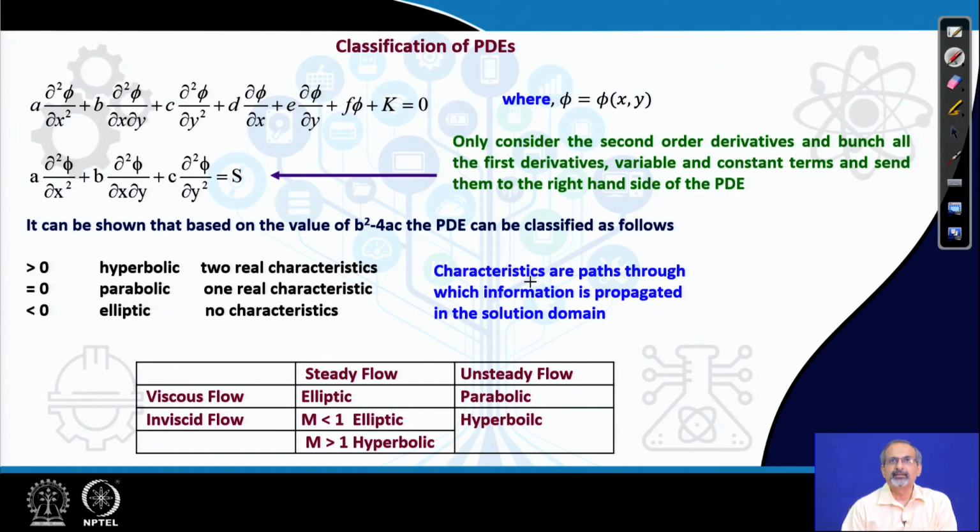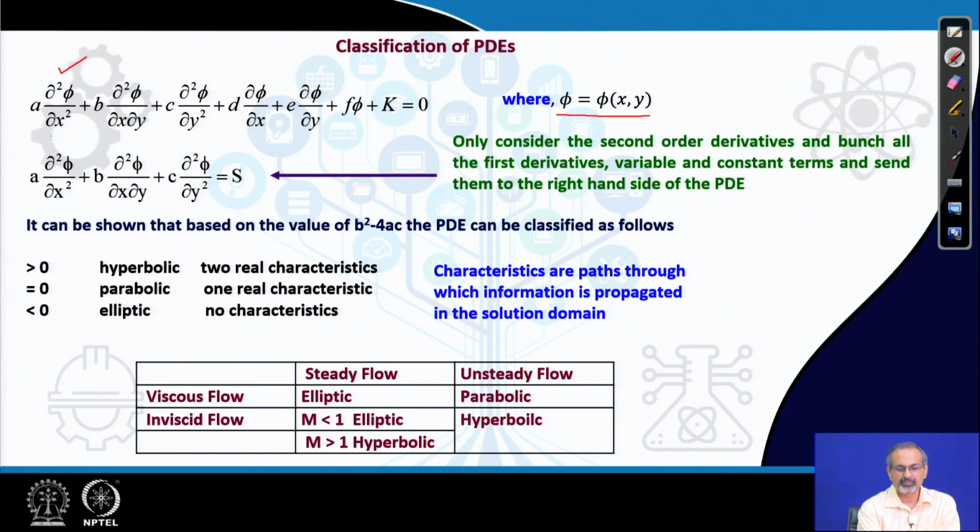We are considering a partial differential equation in phi, where phi is a function of x and y. It is a second order partial differential equation in phi, in the sense that the highest order derivative of phi here is 2.